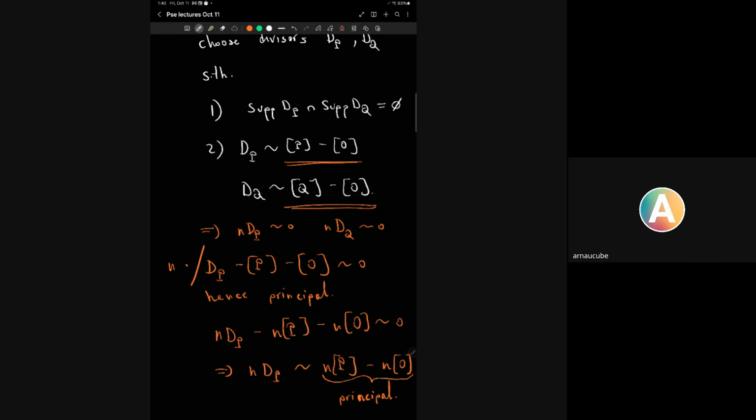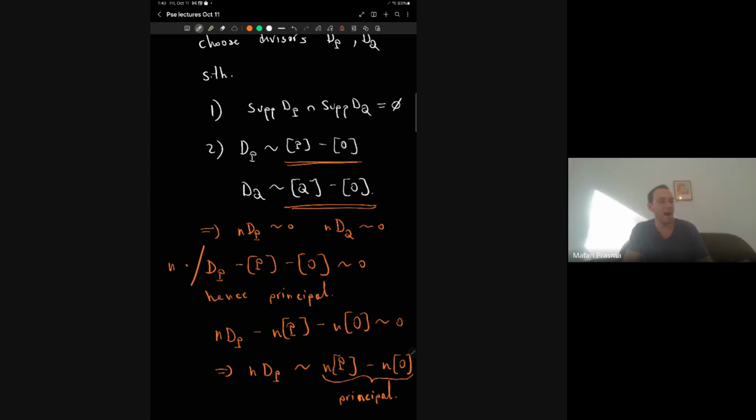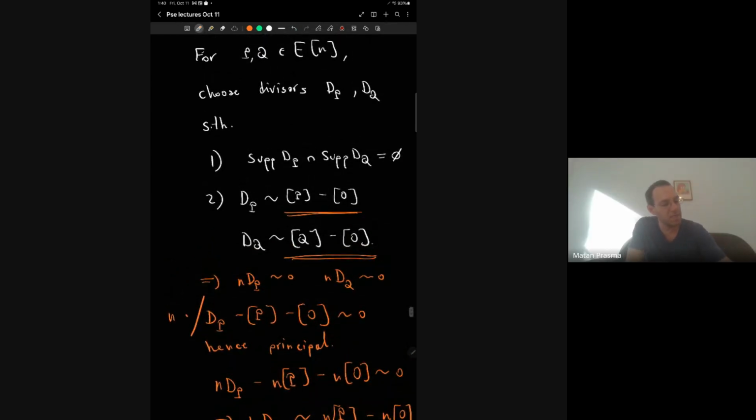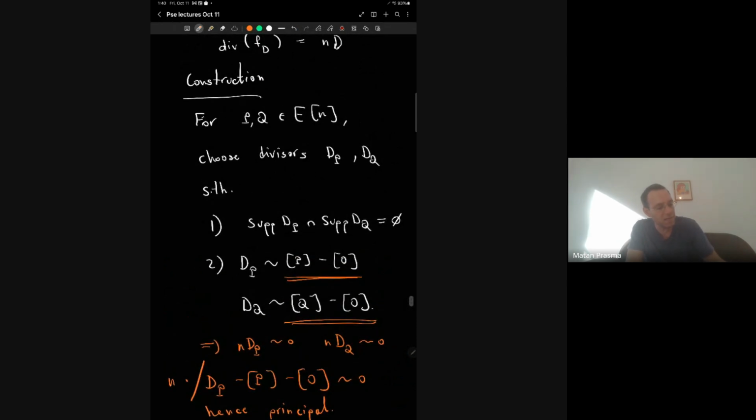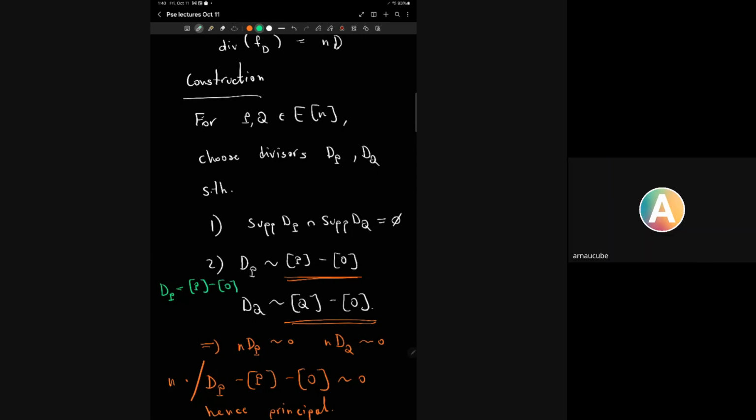The construction says to choose divisors dP and dQ that satisfy these two conditions, and to satisfy the second condition I can simply choose dP to be P minus O. But then this is not principal.